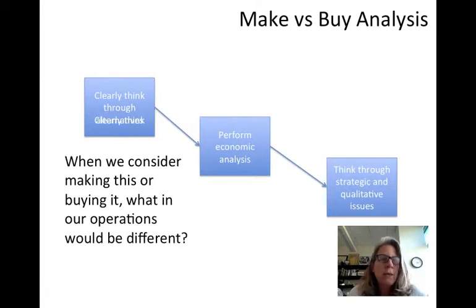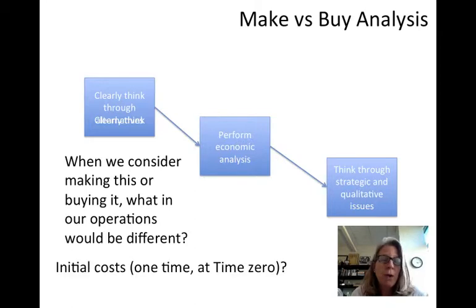So when we consider making this or buying this, what is going to be the impact on the operations of the two differences? This is not really trivial, and you specifically need to think in two areas. First of all, the initial costs, the one-time or time zero costs. Of course, when you make something, you probably need to set it up, so there are machines that you buy and things like that.